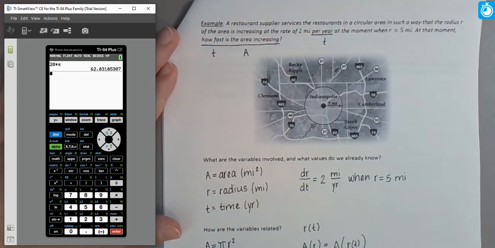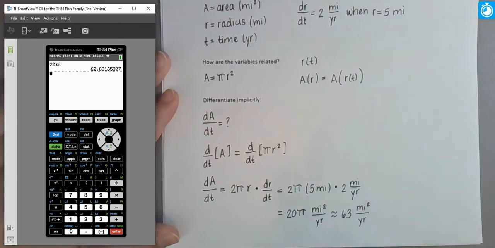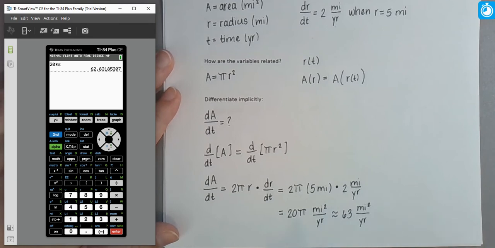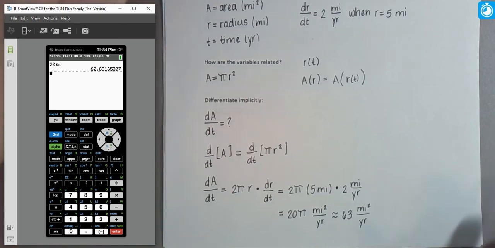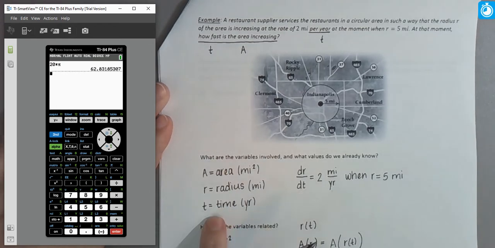And if the radius is expanding at this rate, then the area is expanding at this rate based on how area and how the radius are related. So you'll notice there are several different layers to this kind of problem. Half the battle is just identifying your variables, identifying what you're actually told.